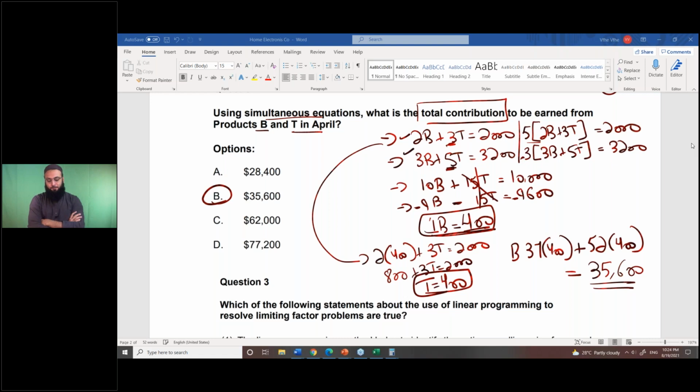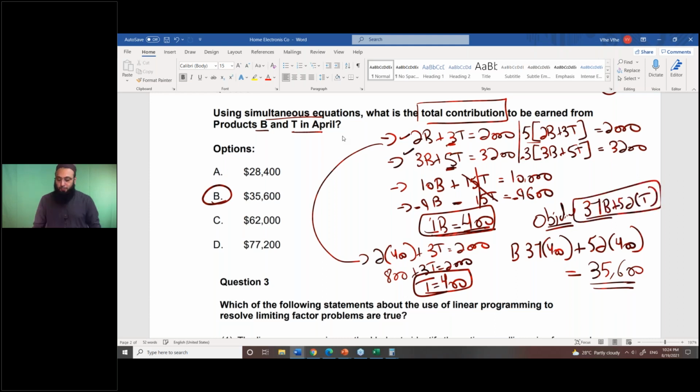Okay. In which equation you put these values? Now it's the contribution. Okay, it's basically the objective function, I would say. What's the objective function? Let me tell you. It's 37b plus 52t. It's an objective function, right?